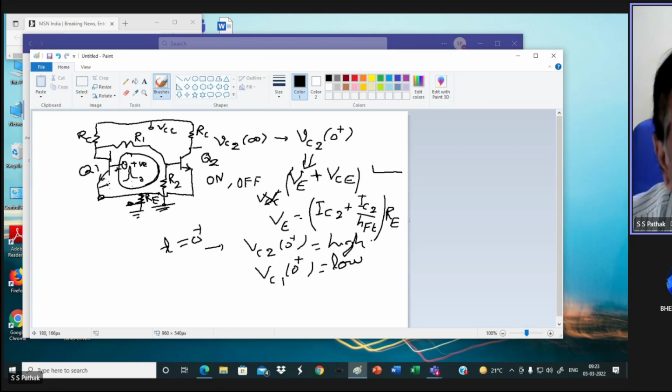When this becomes high, emitter voltage should decrease in that case. Where is the mistake I have made? Mistakes here.